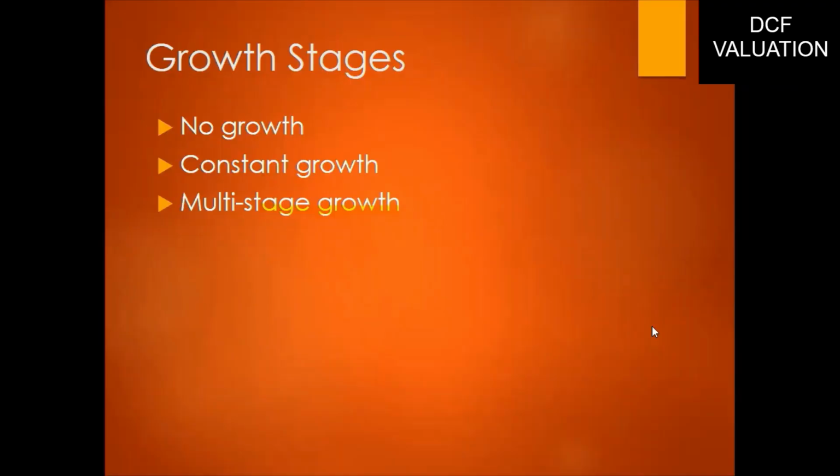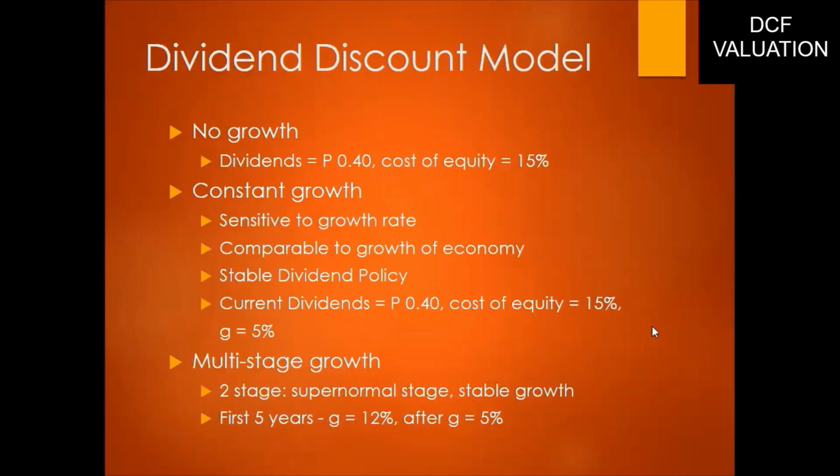Okay? The mature stage of the firm is usually considered the last or terminal stage if we have a multi-stage valuation model. Let's say we have 3 assumptions. One is no growth. In a no growth assumption, we have constant dividends of 40 centavos per share, and the relevant cost of equity is 15%.